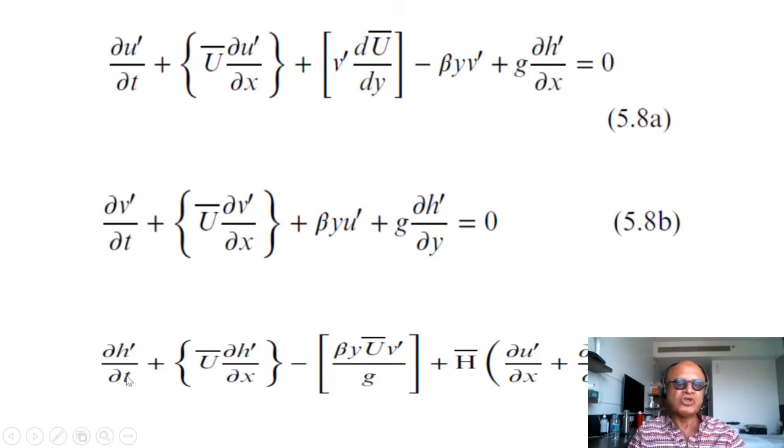And our continuity equation now can be written in terms of dh prime dt plus U bar dh prime dx minus the beta term, right? Because you have V prime and U bar, you're going to have the contribution of terms to perturbation of the free surface, plus the horizontal divergence term of the perturbed field.